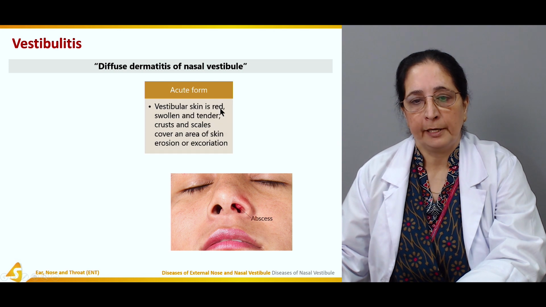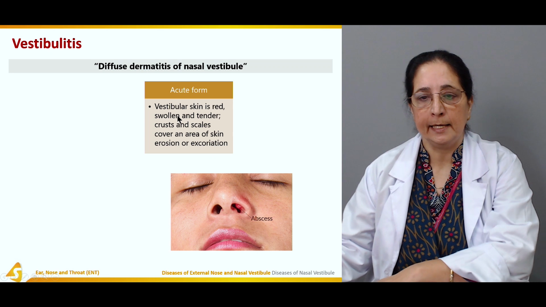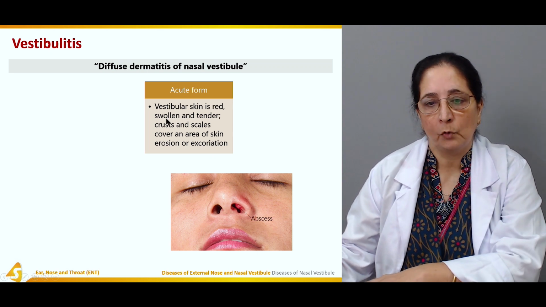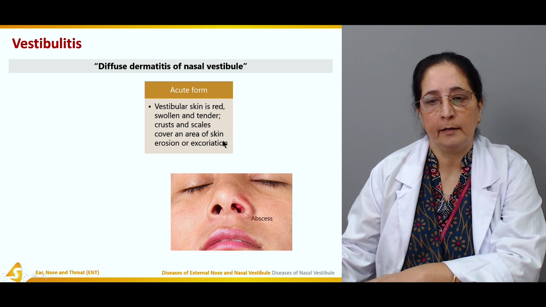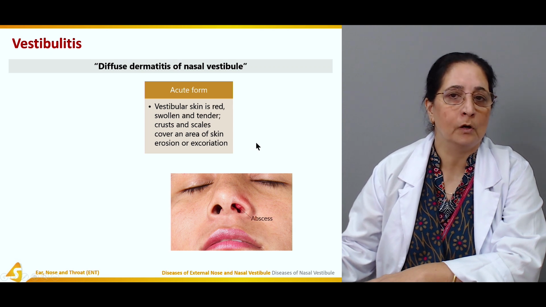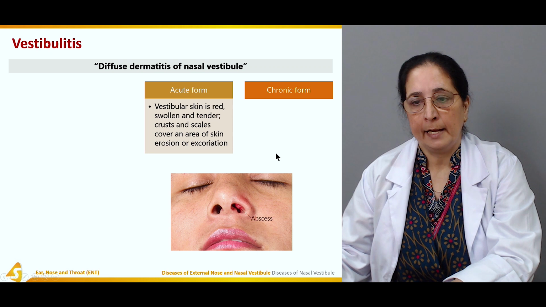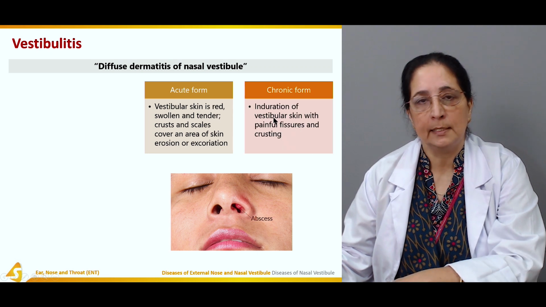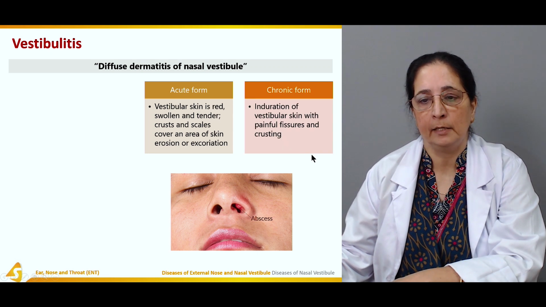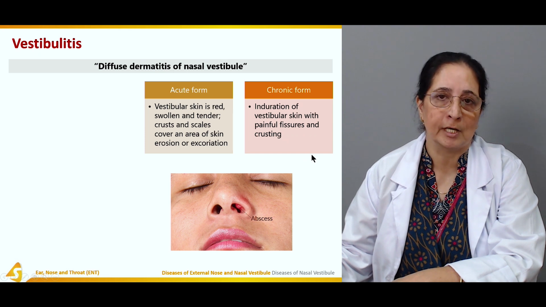It can be of acute form. In acute vestibulitis, the skin is red, swollen and tender. Crust and scales cover an area of skin erosion or excoriation. And then in the chronic form, there is induration of skin with painful fissures and crusting.